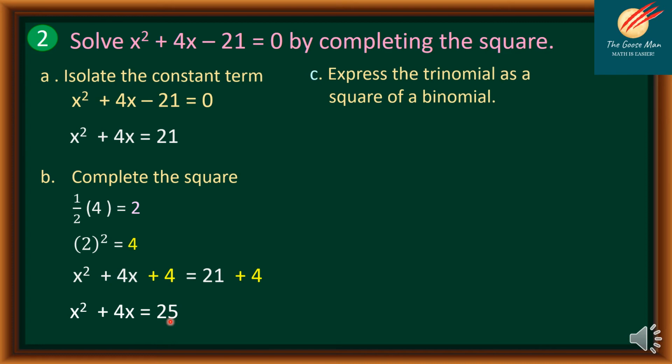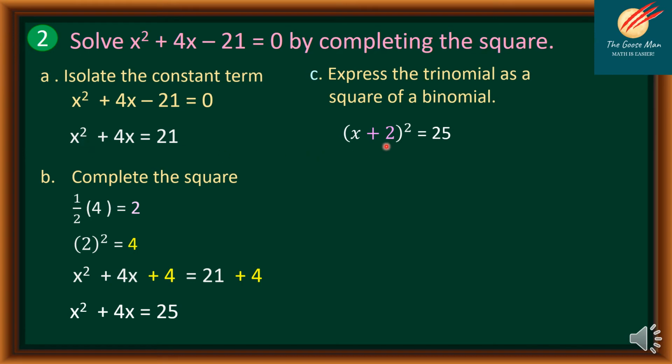Letter C. Now we will express the trinomial as a square of a binomial. So again, we have here x as one of the factors of x squared, or this x here is the square root of x squared.